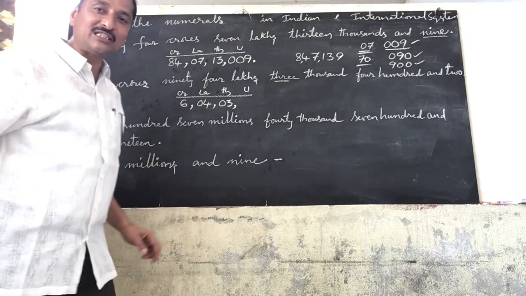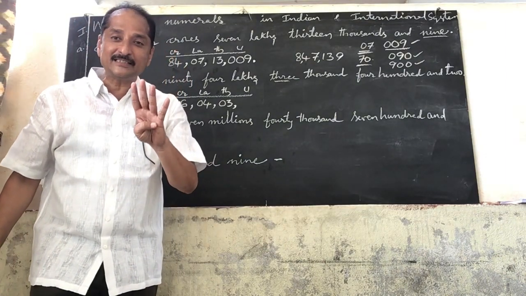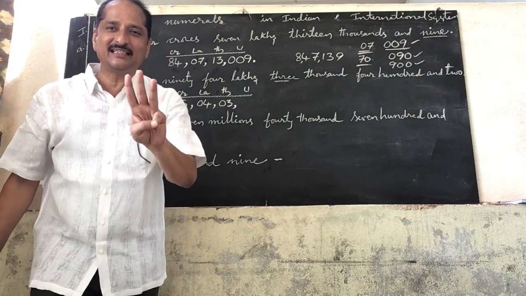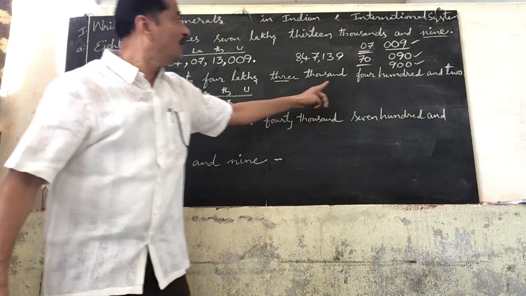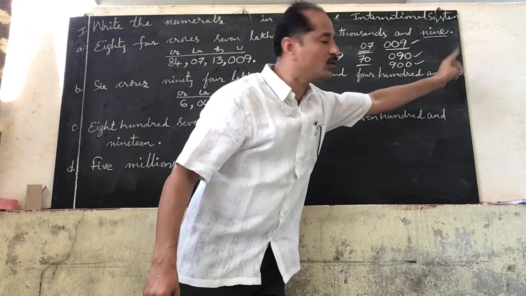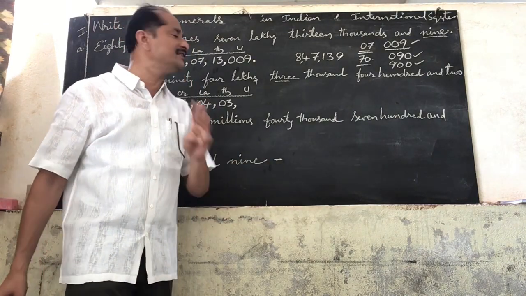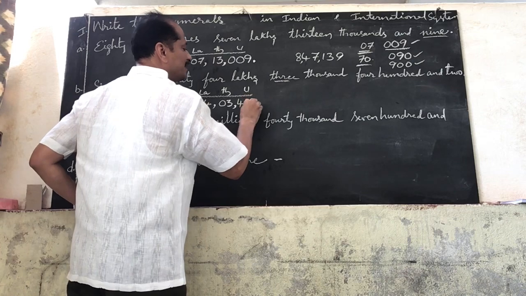Next lower than thousands period is units period. Units period contains 3 places. But in the given question, how many places are there? You see 402. That means here also we have 3 digits. So write down 402. 402 means 402.